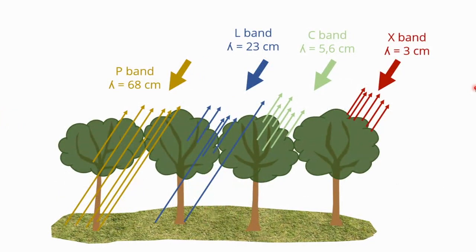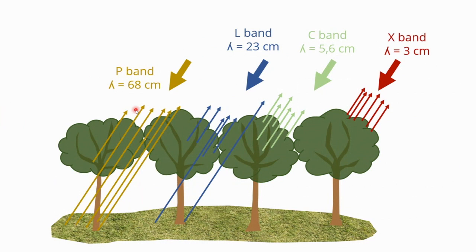Also, because we don't have blue, green, etc., we have different bands as well, like X, C, L, and P. Different bands can penetrate the vegetation, and this P band, the longest one here, could even penetrate the soil itself, especially when it's dry.